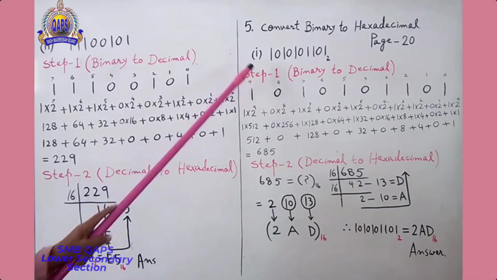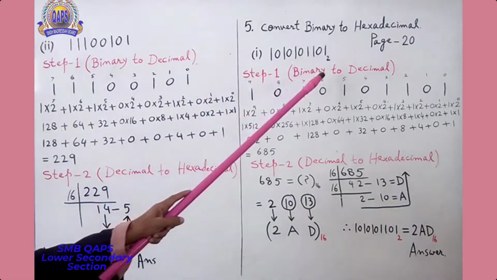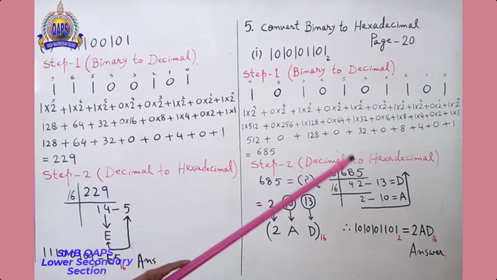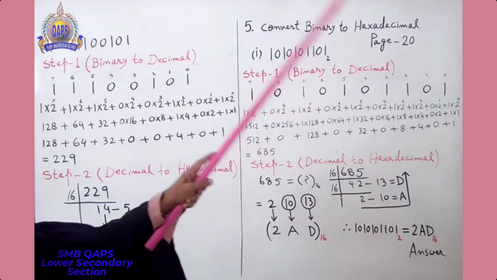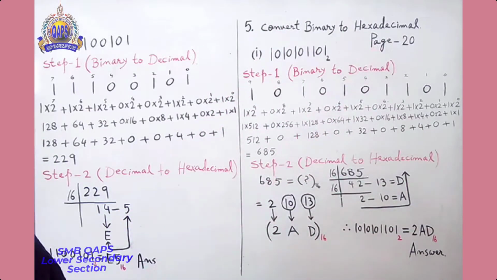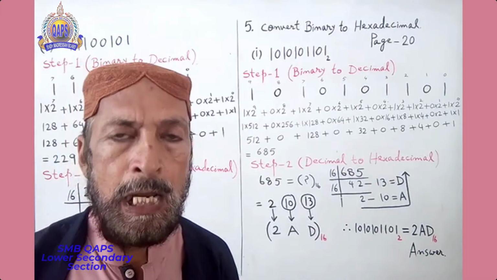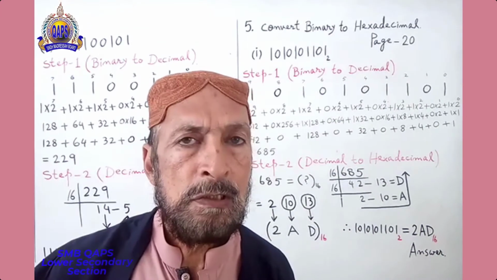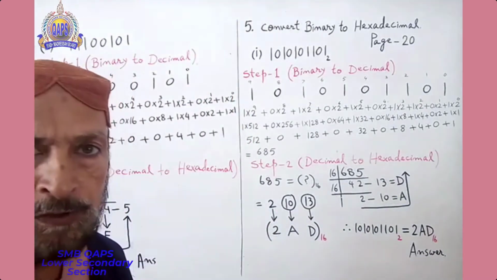Step number 1, binary to decimal, and step number 2, decimal to hexadecimal. Have a look at this portion of the board, then I will come to the next question. I am giving you some seconds. Pay your full attention towards this question.